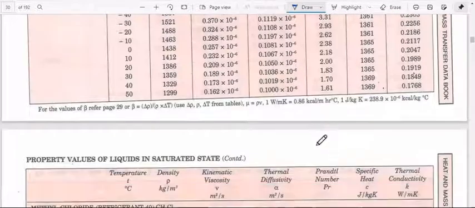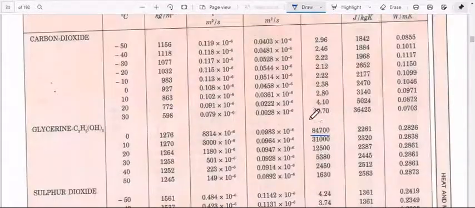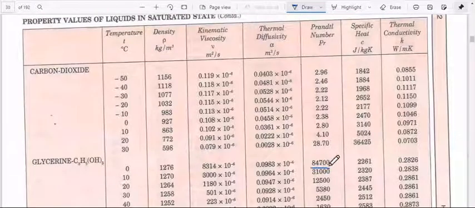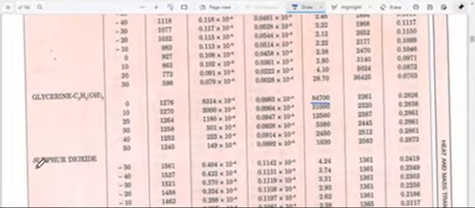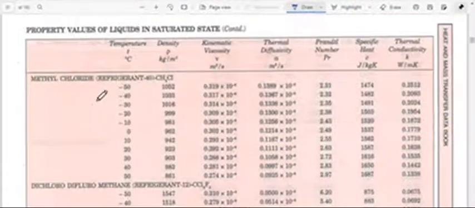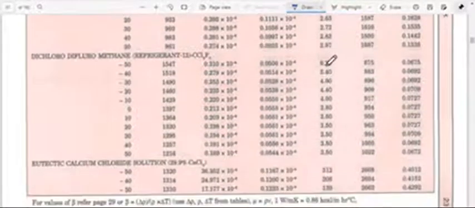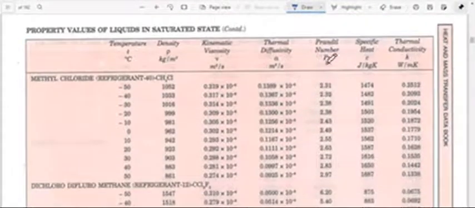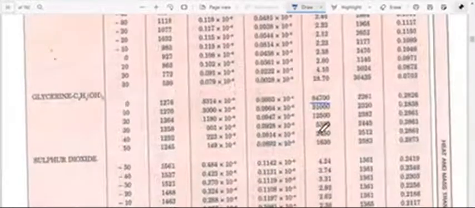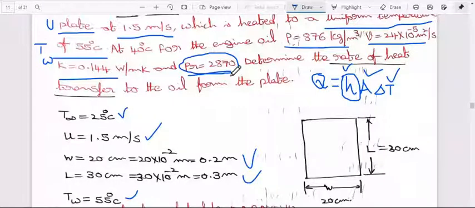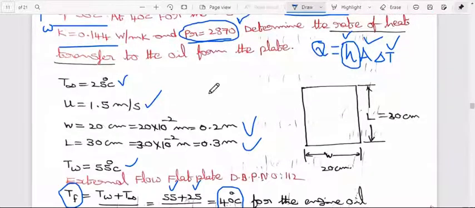So this is the highest Prandtl number, glycerin 84700. This is for ammonia and other liquid properties, sulfur dioxide, methyl. So here we observe in the data book pages, the Prandtl number is always 3.6, 4.0, 5.2, some small values. In this problem, the Prandtl number is 2870, which is a higher value.